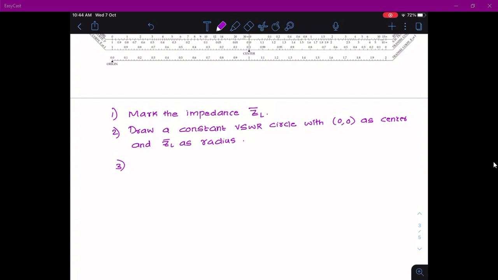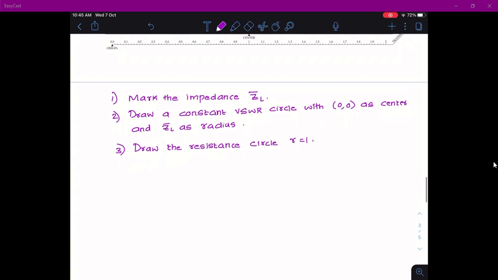Next, you draw the resistance circle R equal to 1, because you see that at AB for length L, your y in should be is equal to 1 plus JB. So this one indicates the R should be equal to 1. Okay.